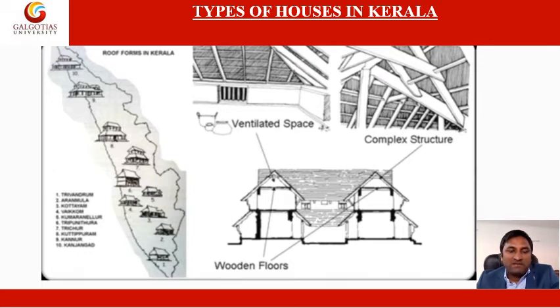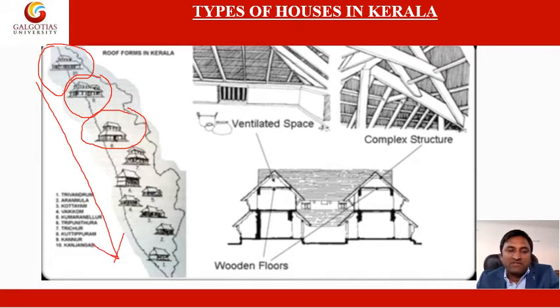If we see the Malabar area of Kerala, we can see duplex types of house, with the presence of an attic. And when we move towards the south, the Travancore area, the duplex is removed, and only single story houses are there.